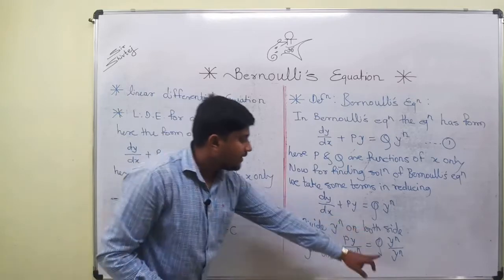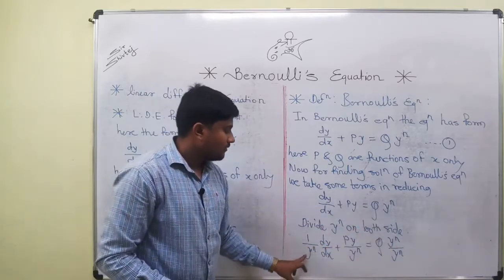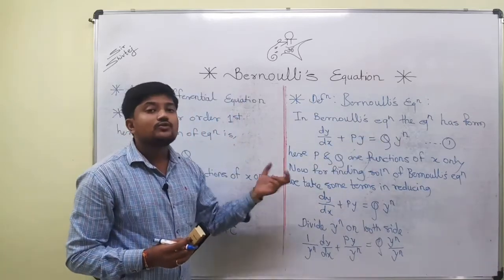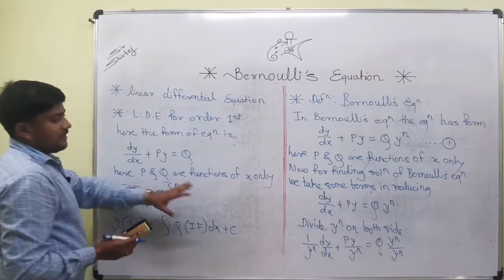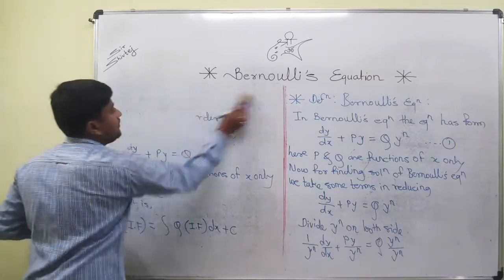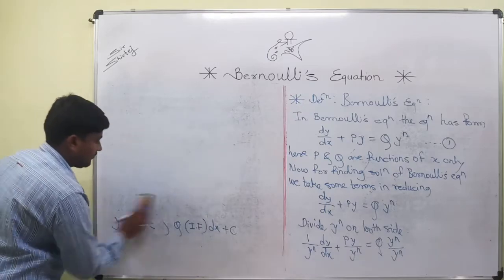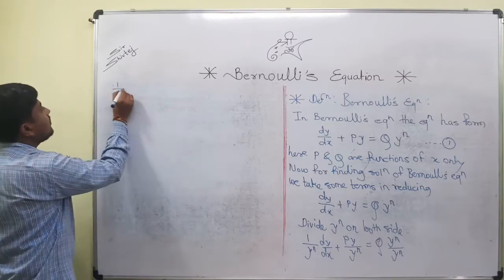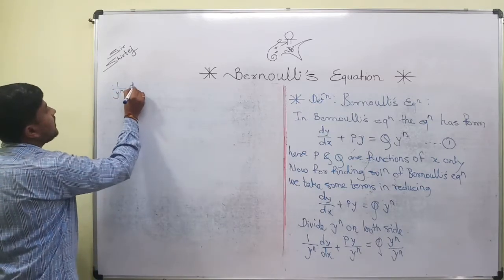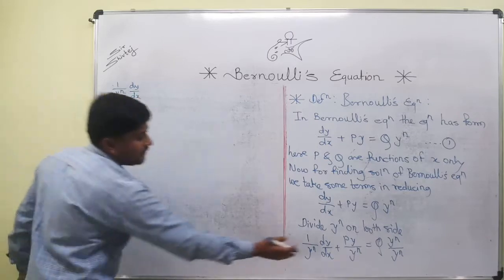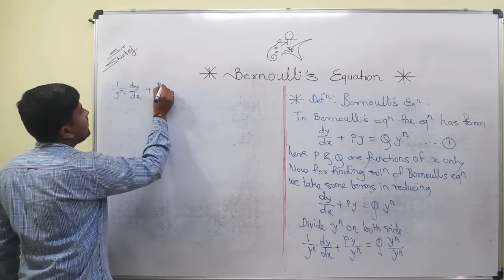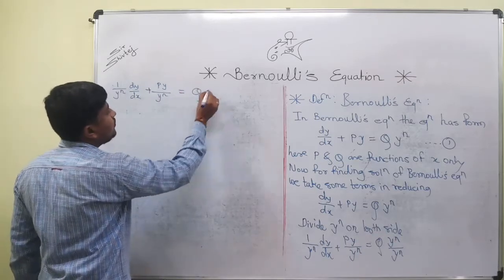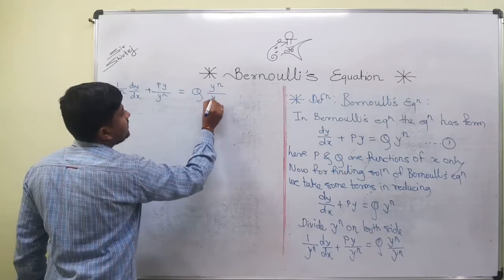We divide both sides by y raised to n for eliminating it, in order to find the solution of that equation. Now we have 1 upon y raised to n dy by dx, plus Py upon y raised to n, is equal to Q y raised to n upon y raised to n.